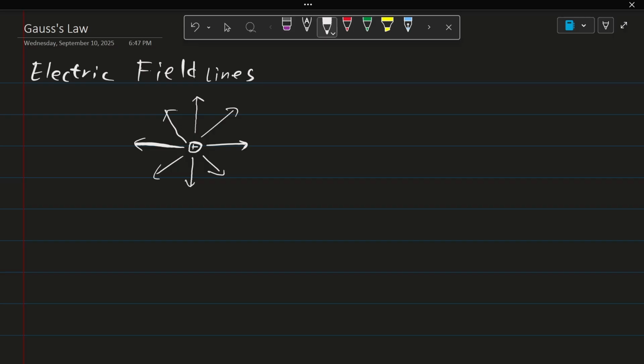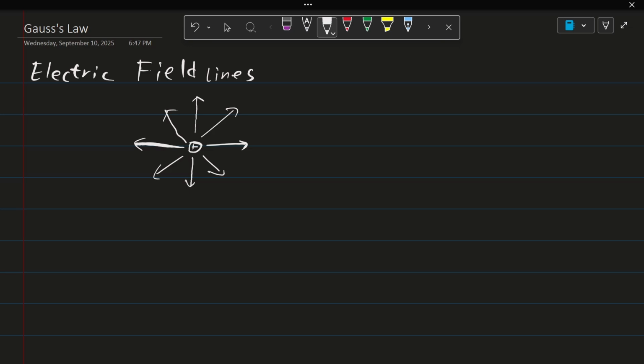This is very similar to fluid motion, in which we discussed that if you have more densely packed flow lines, it means that the flow is faster. This works the same way in electric fields.